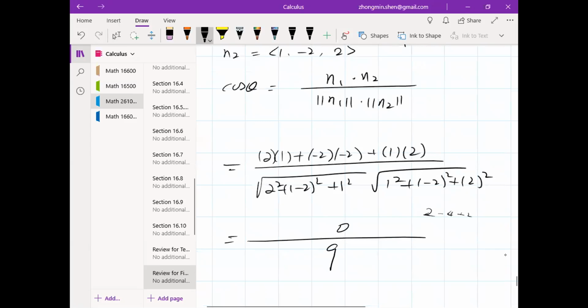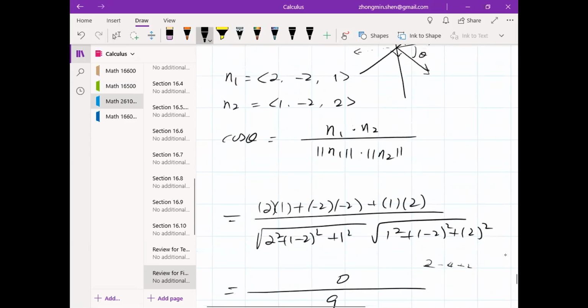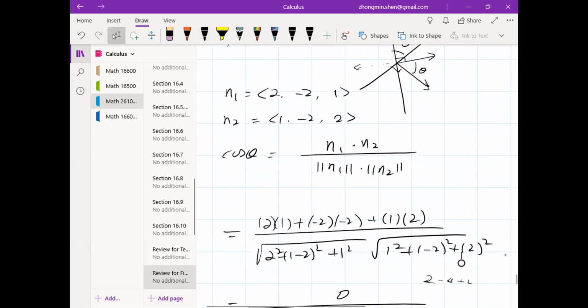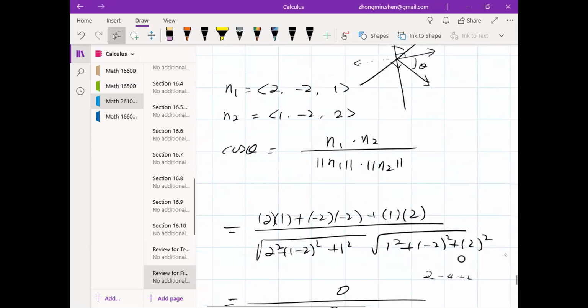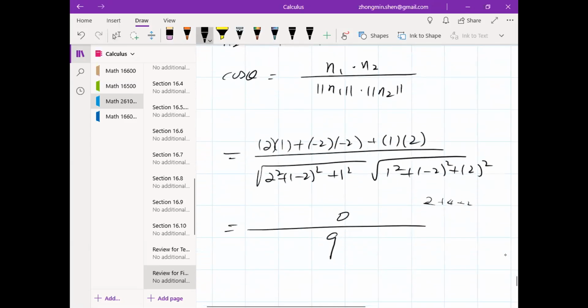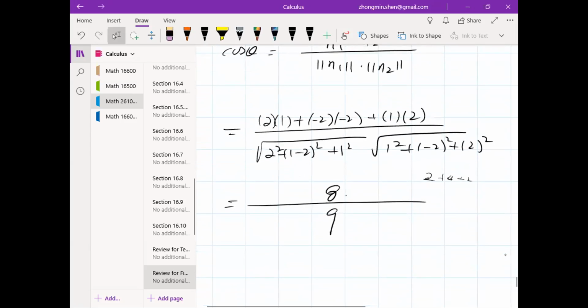No, let me go back and check. Yes, plus 4, so it's not 0. It's giving me 8. So cosine theta is 8 over 9, and this angle is between 0 and 90 degrees. So theta is arccosine of 8/9. That's it.